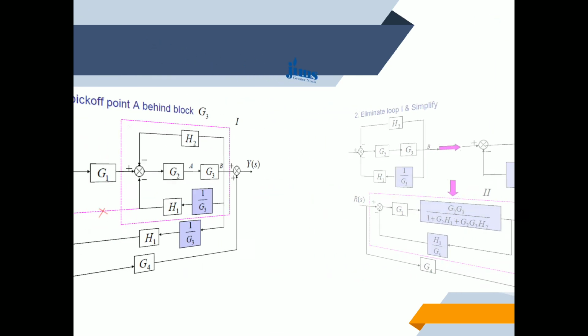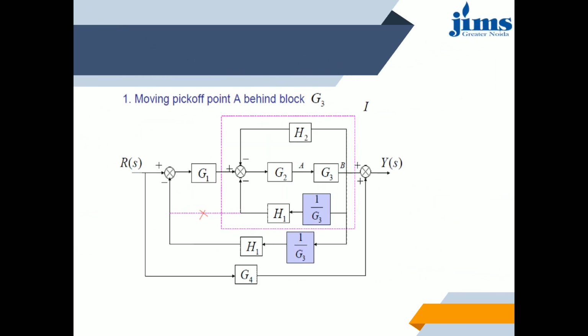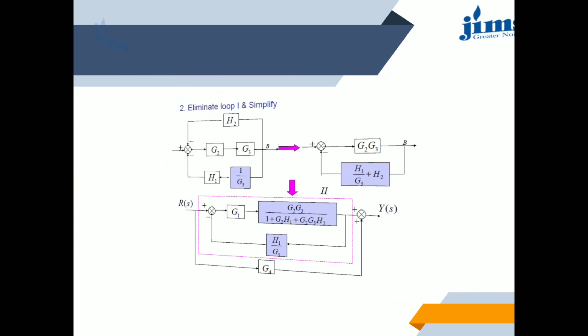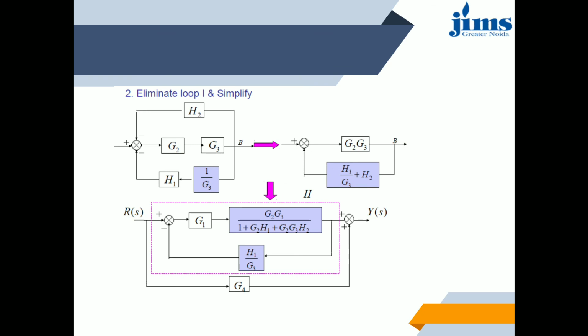When you eliminate this loop I, we have added both the feedbacks as H1 over G3 plus H2 and this will be your closed loop. By solving loop 2 we'll be having this as your transfer function. So next we have this whole block, again we'll add these two feedbacks.